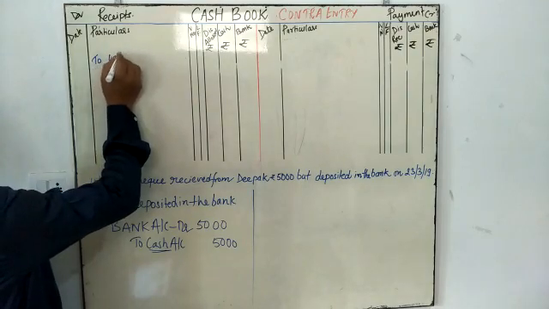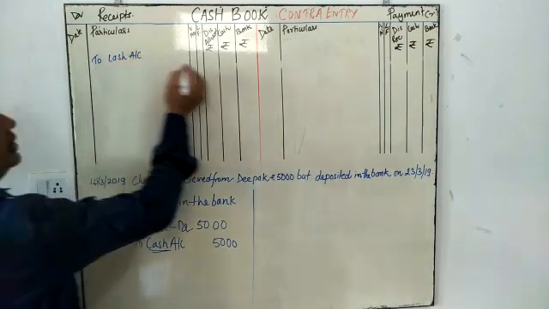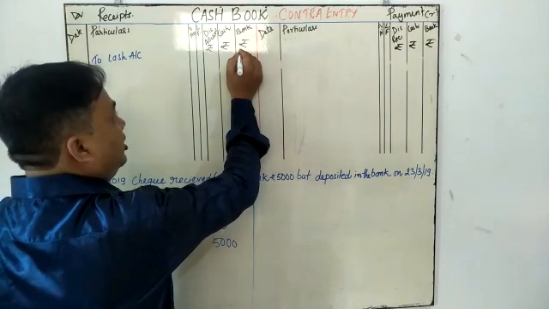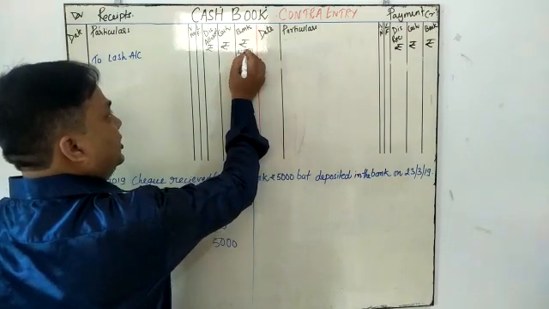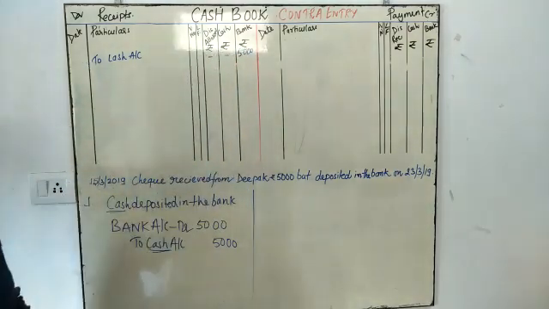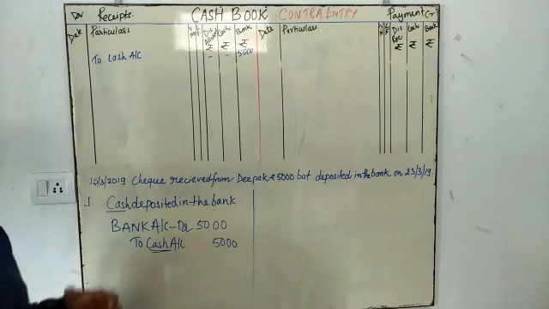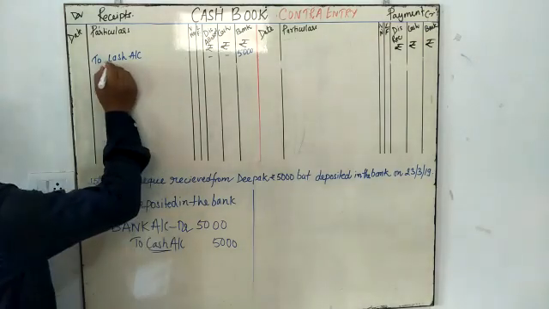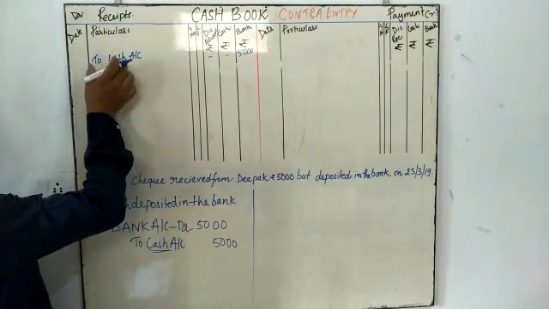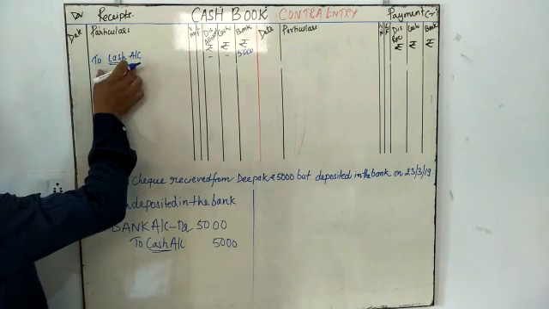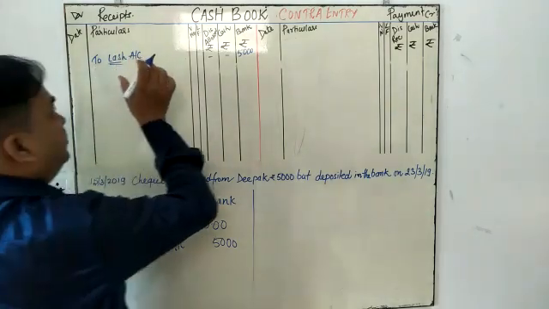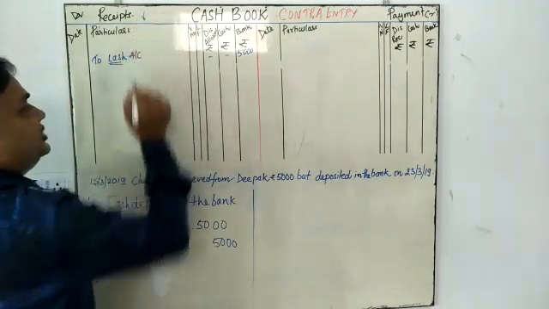You write the reason, to cash account, and write in the bank column rupees 5,000. It shows that the bank account is raised with the help of cash. It is a reason you have to write cash account in the receipt side.